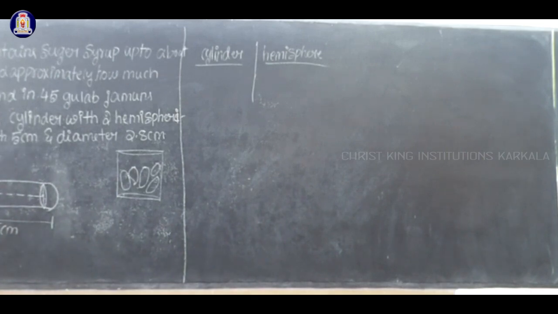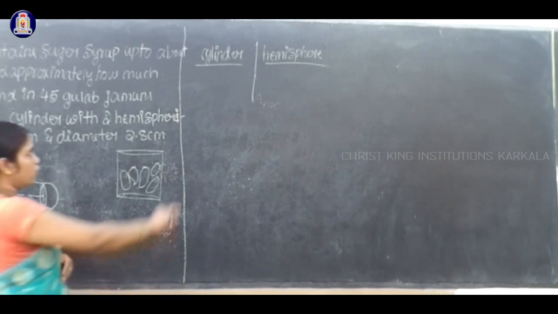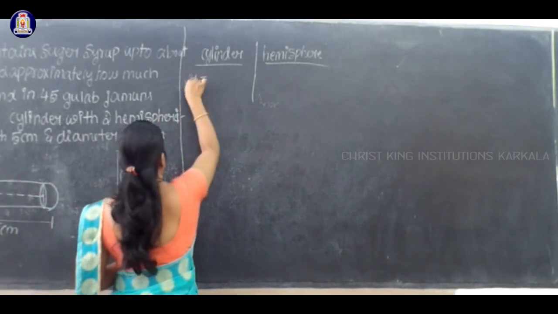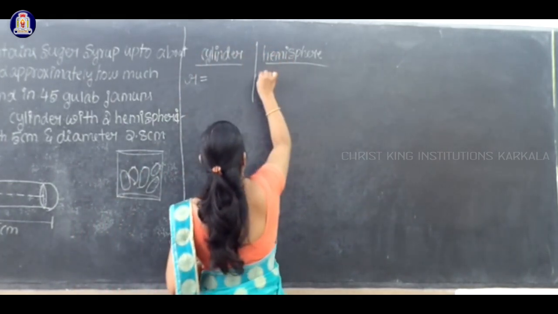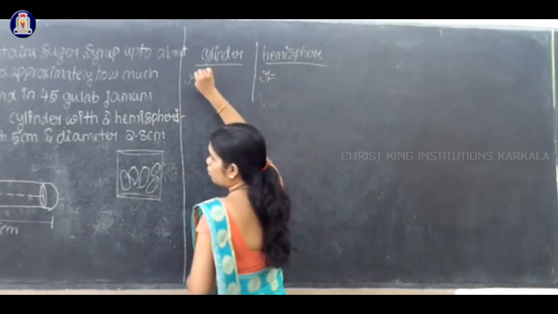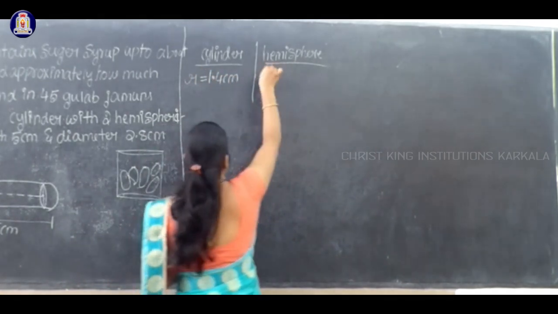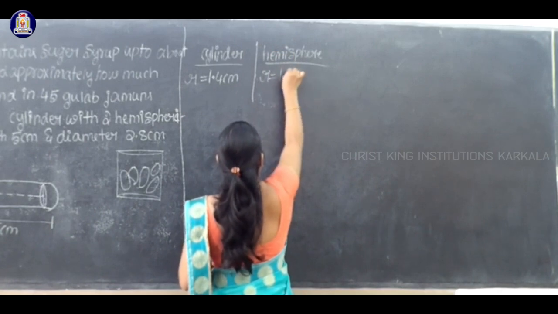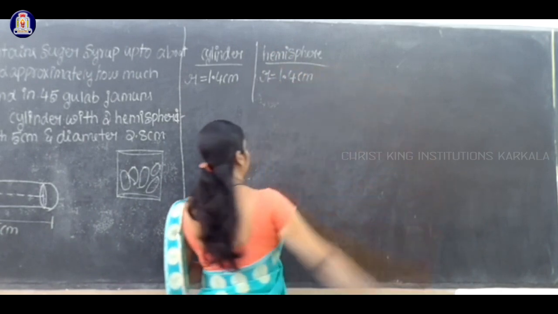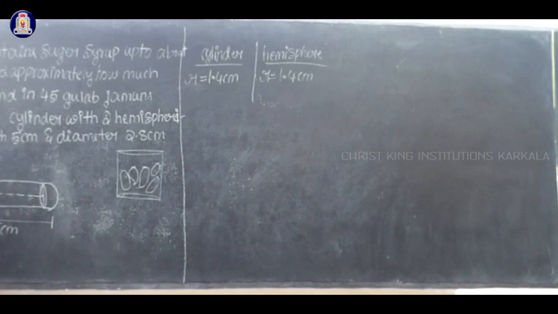Remember, the radius of the cylindrical part as well as the hemispherical part is equal. So the value of radius for cylinder as well as the hemisphere is the same, 1.4 centimeter. So this is 1.4, this is also 1.4.